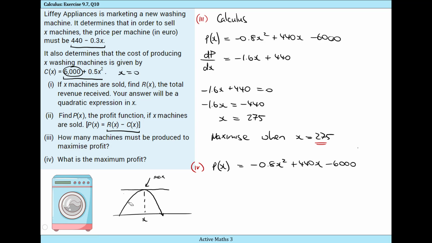So we're going to put 275 into the profit function for x: minus 0.8 times 275 squared, plus 440 times 275, minus 6,000. We can throw all of this into our calculator and we'll see that the maximum profit is 54,500 euros. And that occurs again when we have sold 275 units.